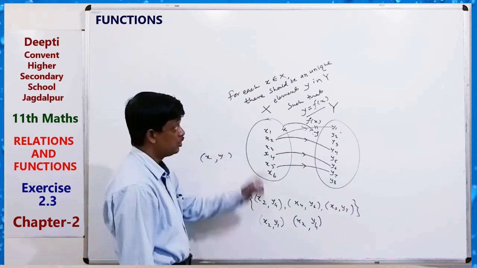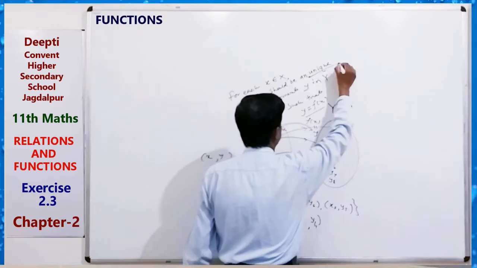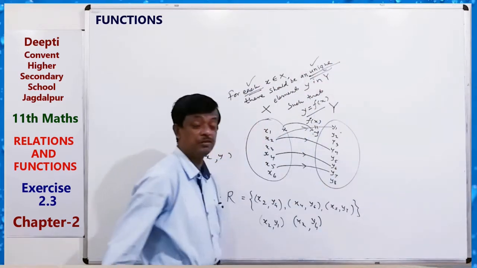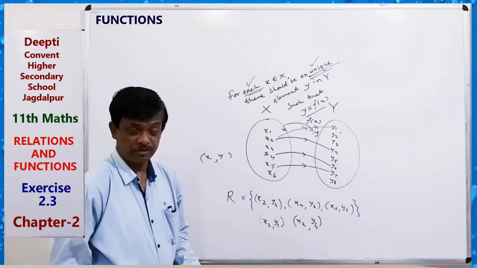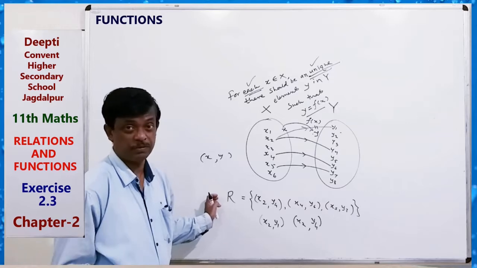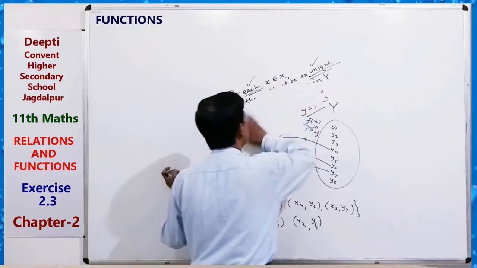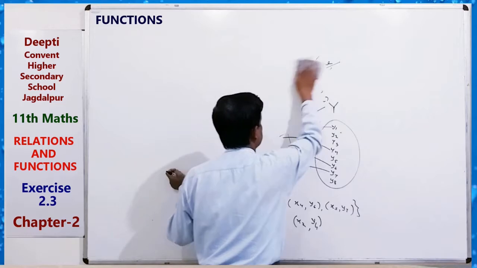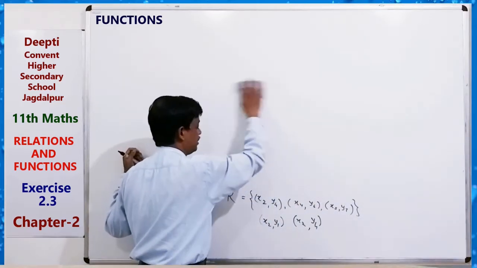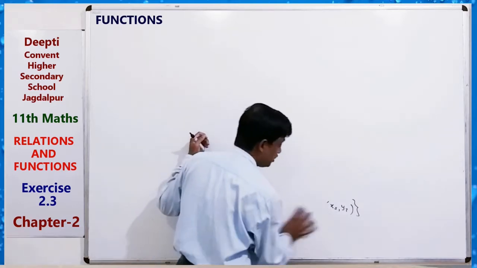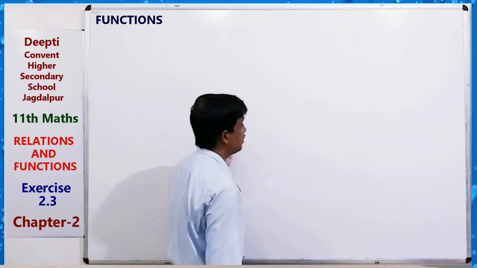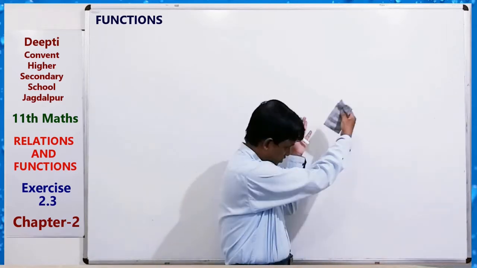Clear? Unique and each, this is the main thing for the definition of function. So function is a special type of relation in which each element of the domain is related to some unique element in the codomain. There may be some elements left in the Y set.